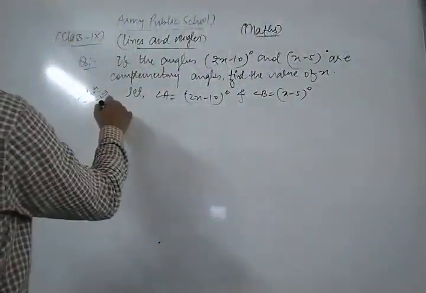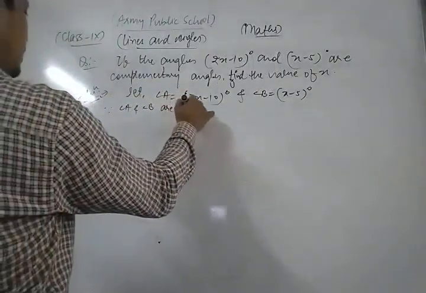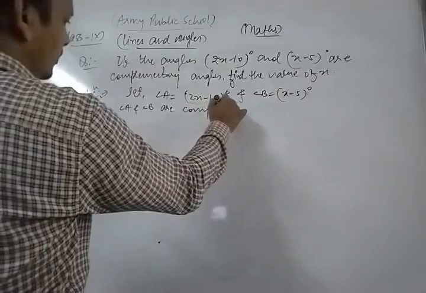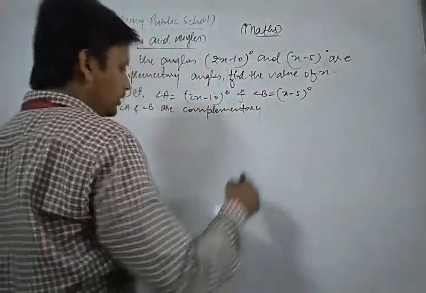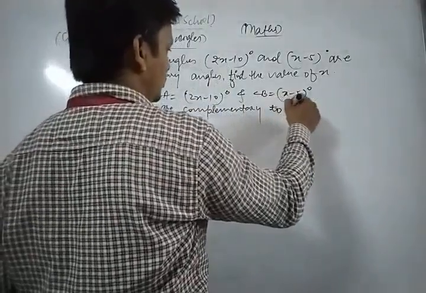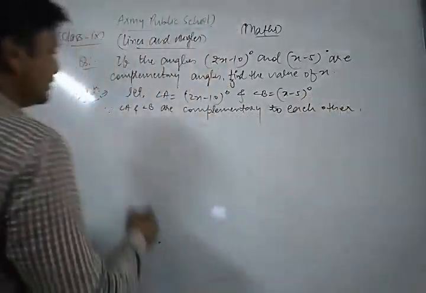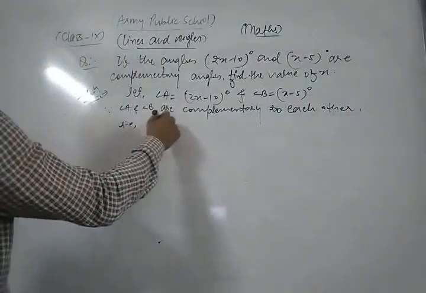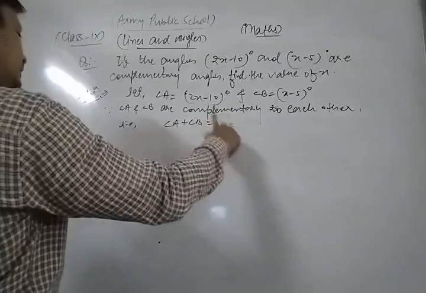Since angle A and B are complementary to each other, that is, their sum of measures is 90 degree.